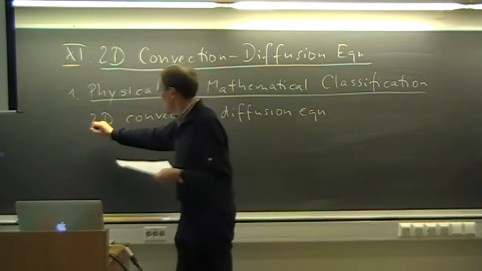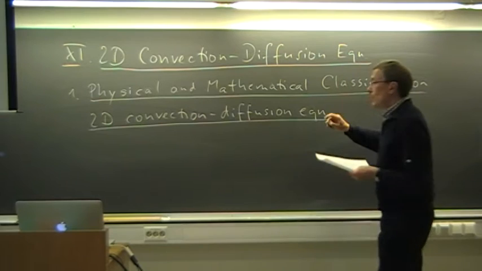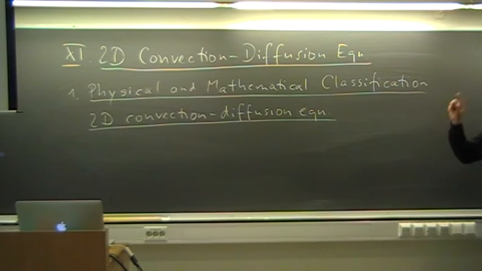Remember when we considered, well, let's first just think in 1 dimension. In 1 dimension we discussed first the heat equation, also the diffusion equation, where we have only a diffusive effect. So where discontinuities are smoothed, and if we have waves, the amplitude is damped.